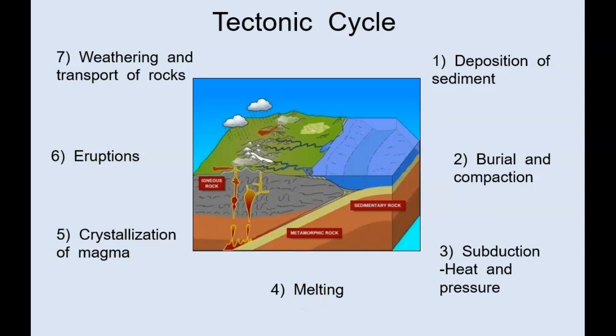So if this magma cools enough to crystallize, and crystallization is also known as becoming rock, so if the magma cools enough before it crystallizes, meaning before reaching the surface, it becomes an intrusive igneous rock.